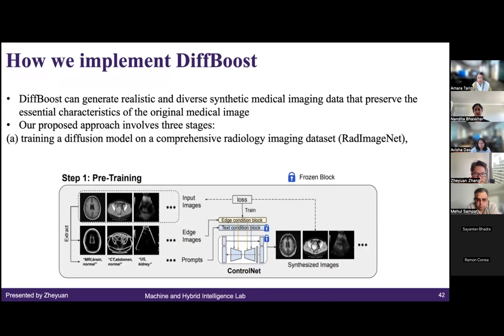So to do this, we first need to train diffusion models. But if you train a diffusion model from scratch, it can hardly be used for a segmentation task because you can hardly find the pair between the segmentation label and the real images.